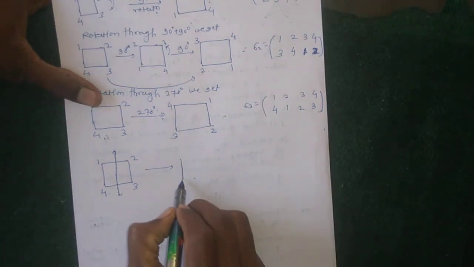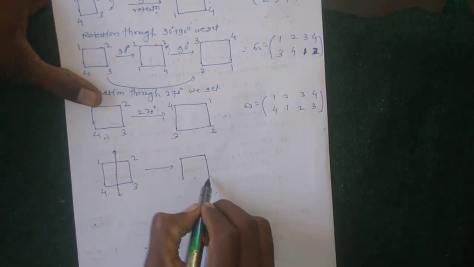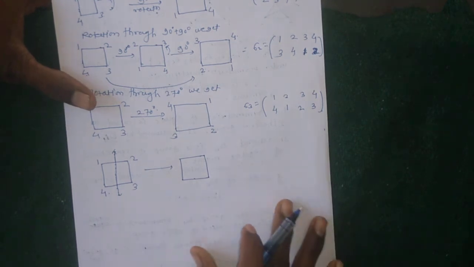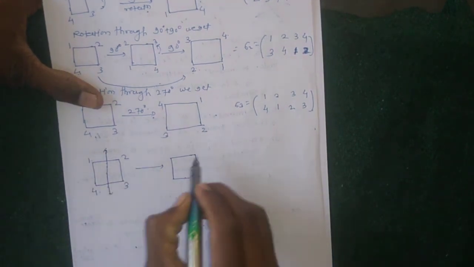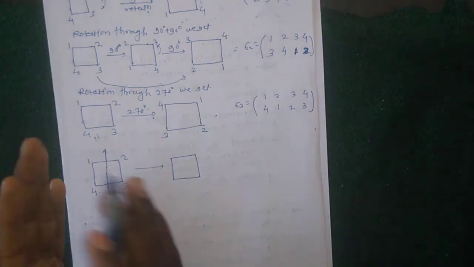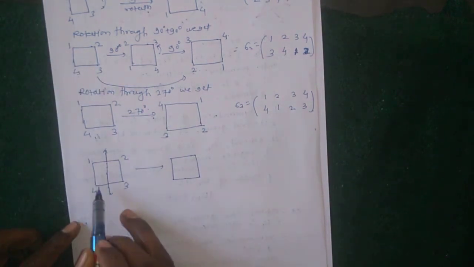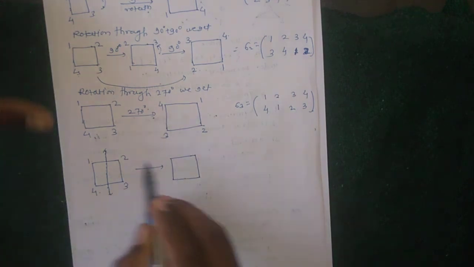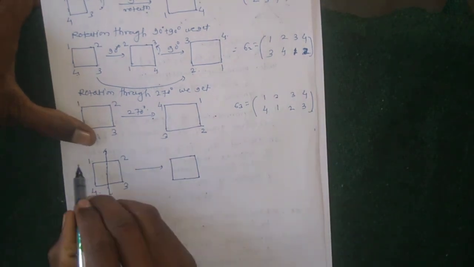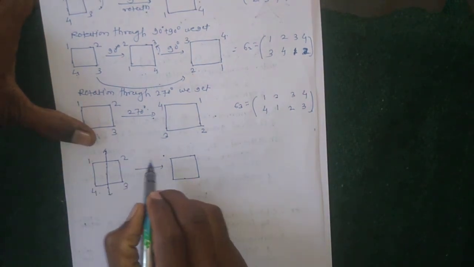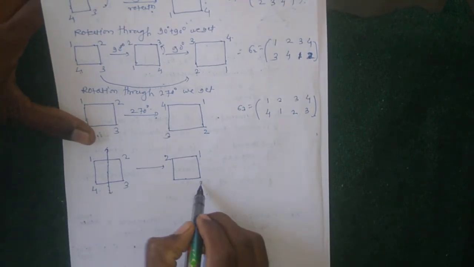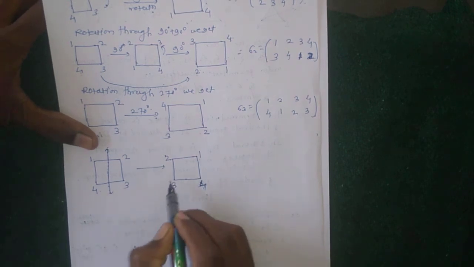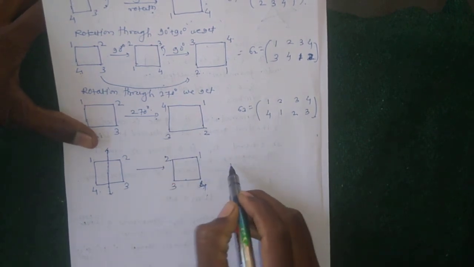So we get a square of this form, with only the positions changing, and this is a reflection. So 2 is at position 1, 1 is at position 2, 4 is at position 3 and 3 is at position 4.